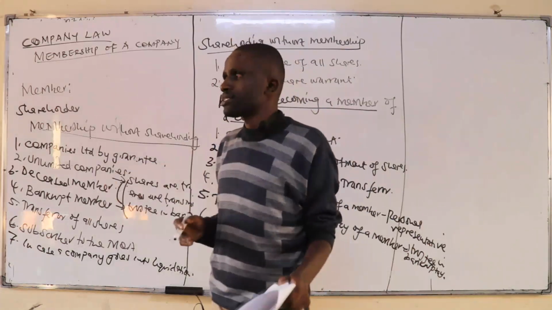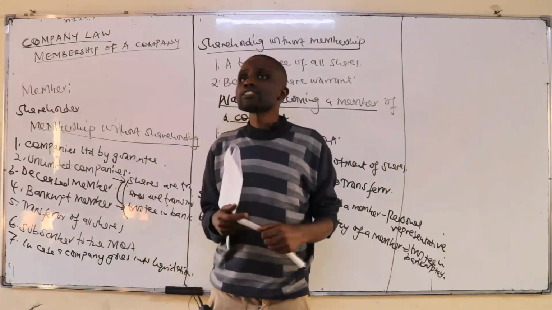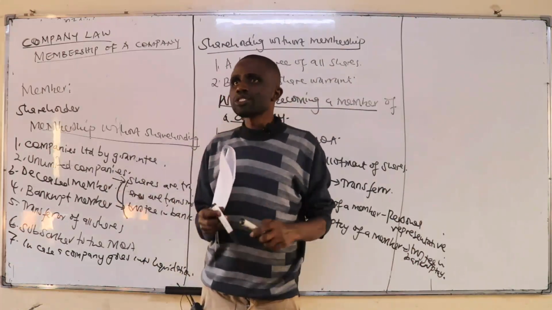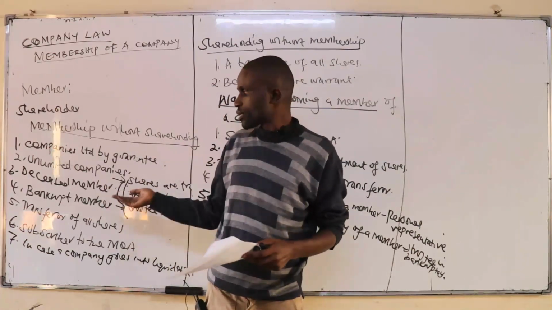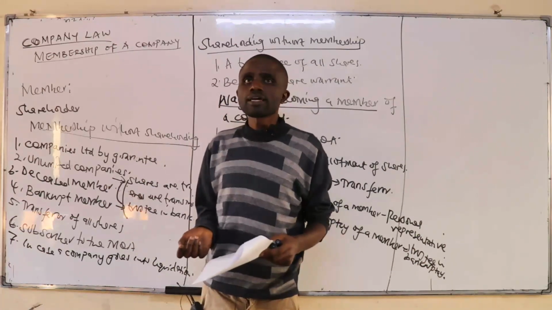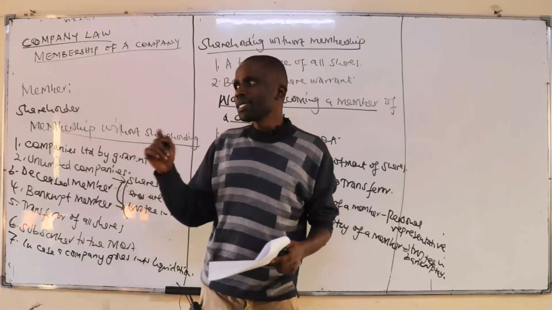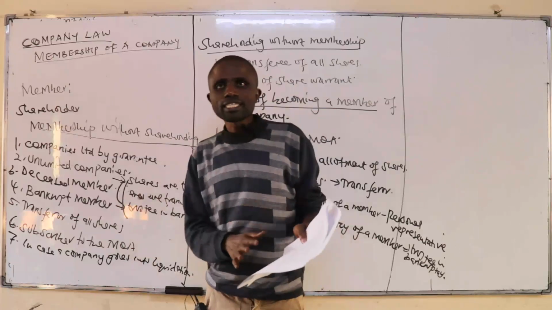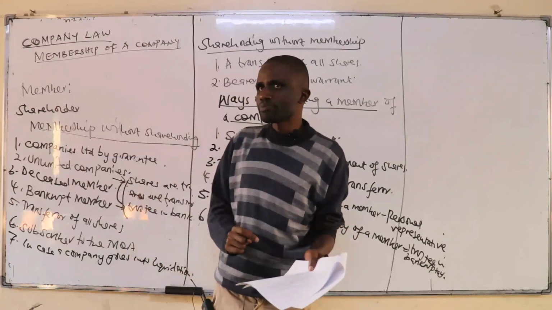What happens is that it happens, for instance, during liquidation. During liquidation, the company has liabilities and the members are required to meet those liabilities. And probably in that register, it had indicated you hold 50,000 shares that are not paid.